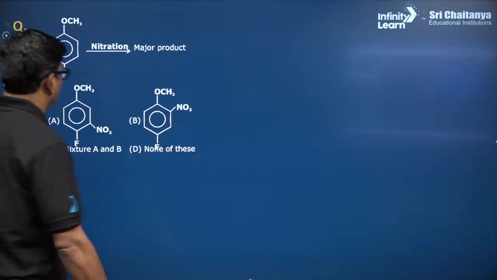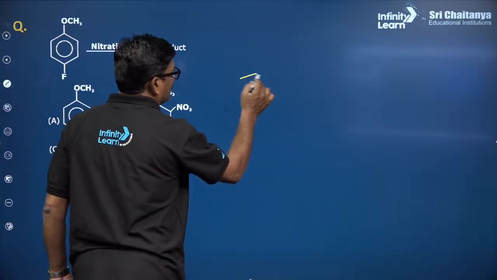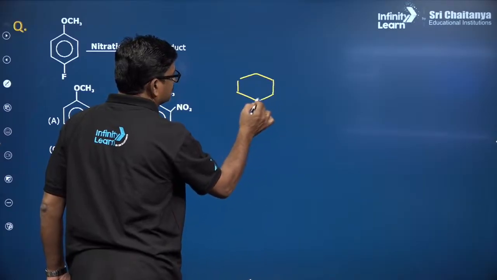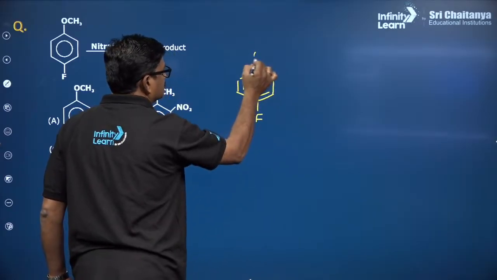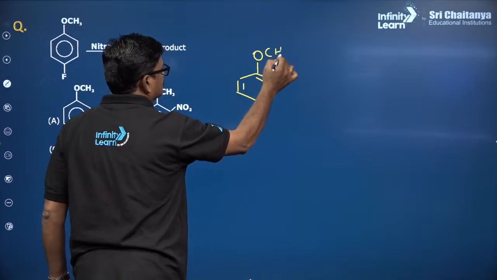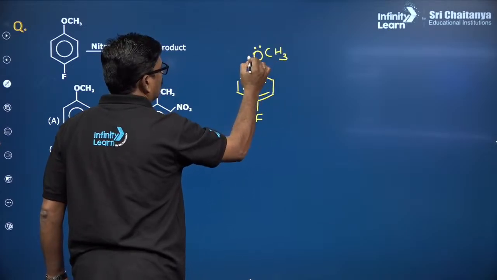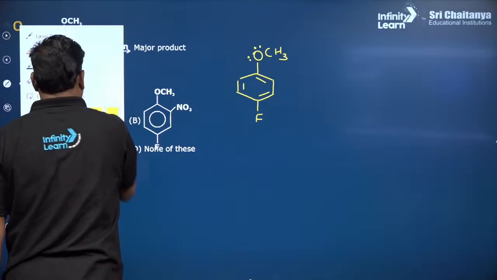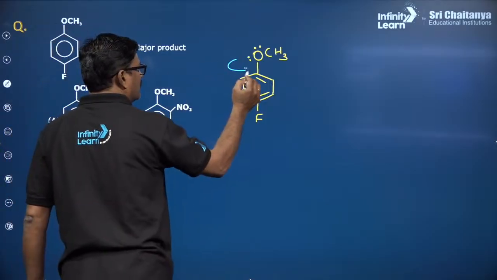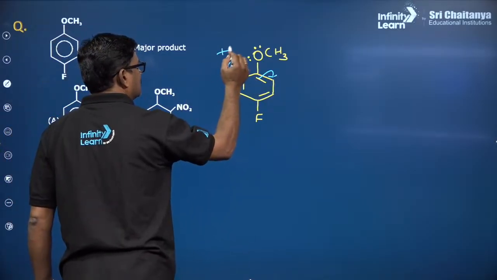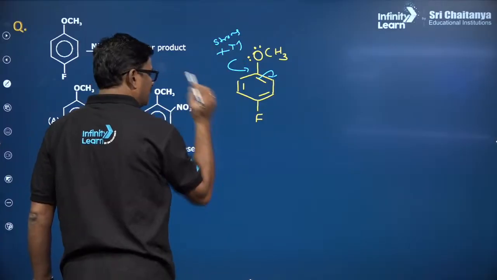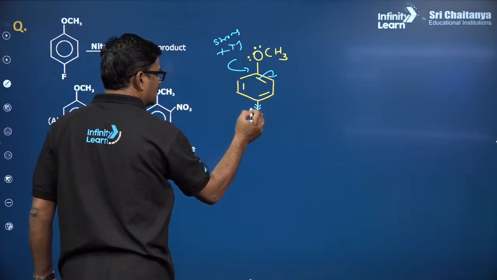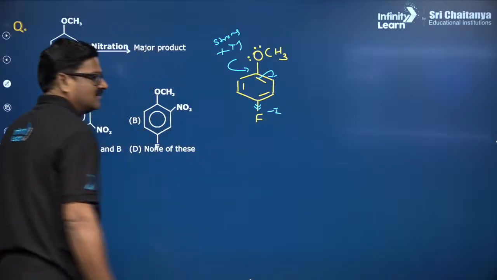Now you can see here, my dear children, the lone pair of electrons present over here will be having a positive mesomeric effect, very strong positive mesomeric effect. And whenever halogens are there, consider inductive effect.